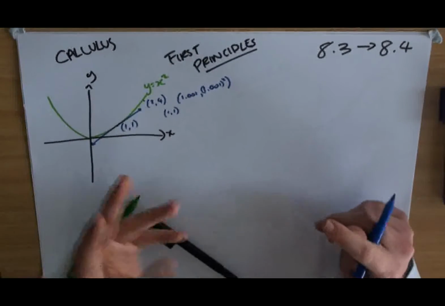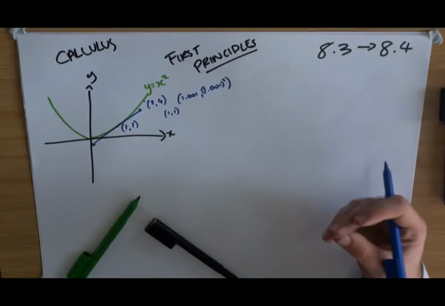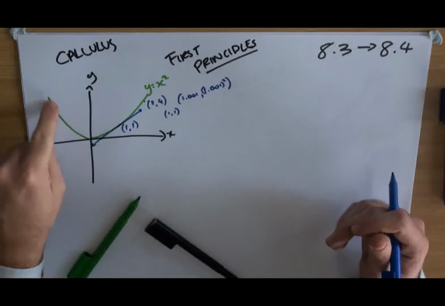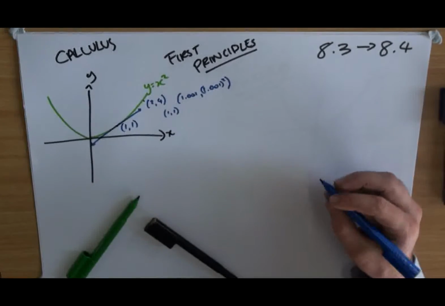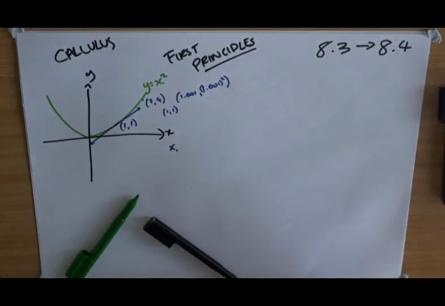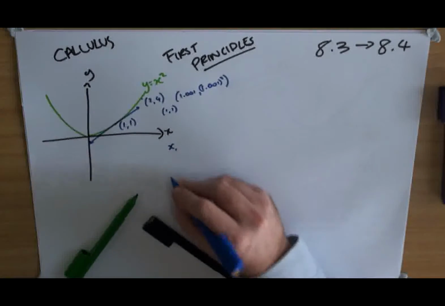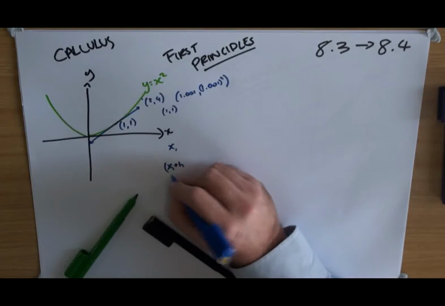But that's going to take me a long time to work out the gradient for any different point. What if I want to do it a much simpler way to find out the gradient function of this y equals x squared? Why don't I choose the point x and another point x plus h.